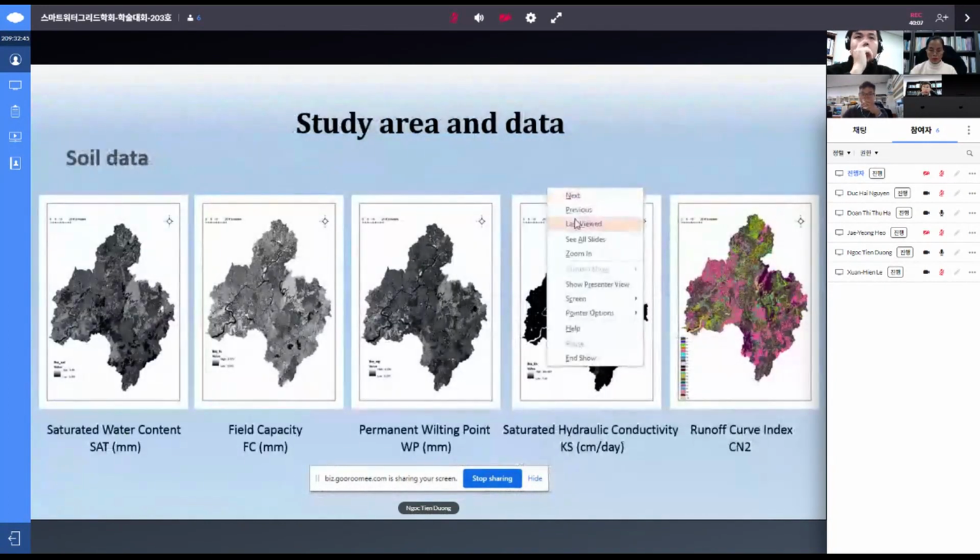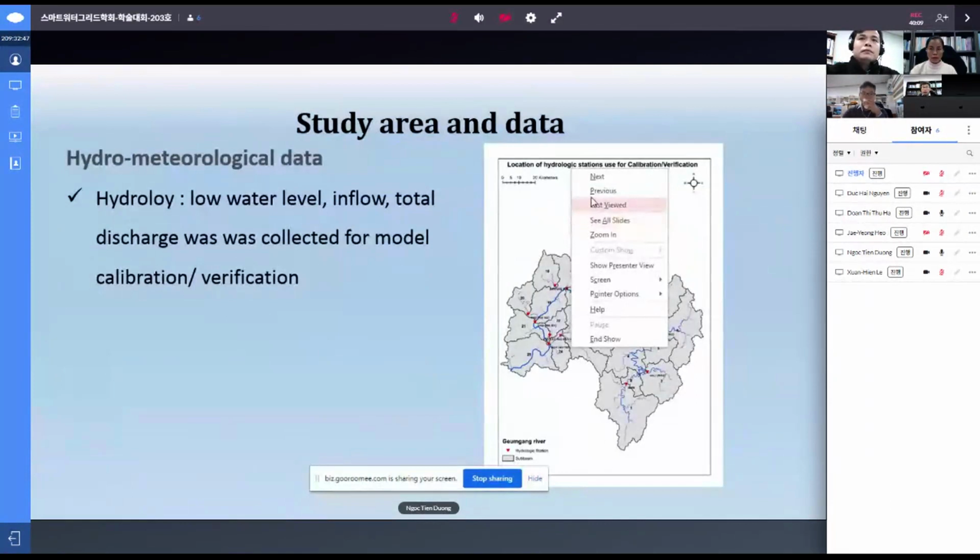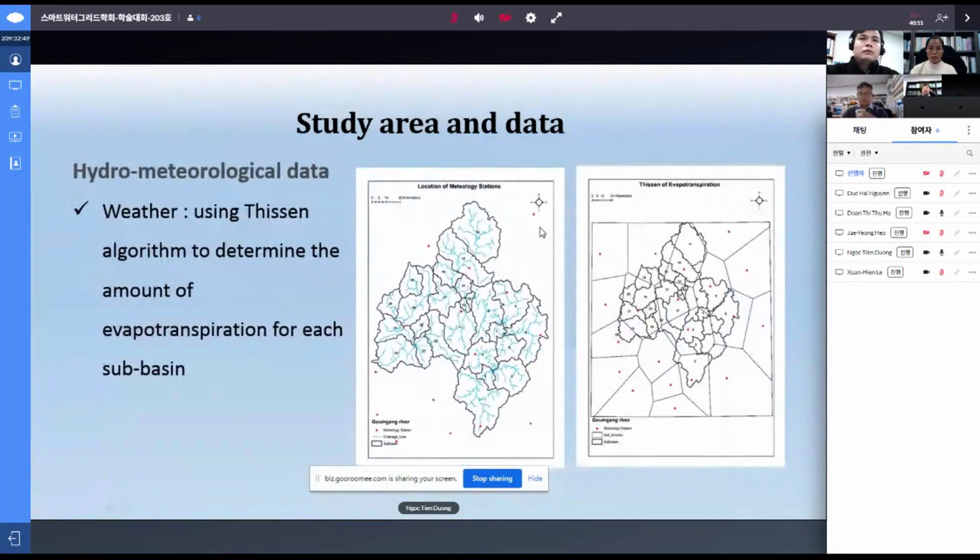About the weather data, I collect the hourly meteorological data of temperature, relative humidity, wind speed, and solar radiation from 22 stations.